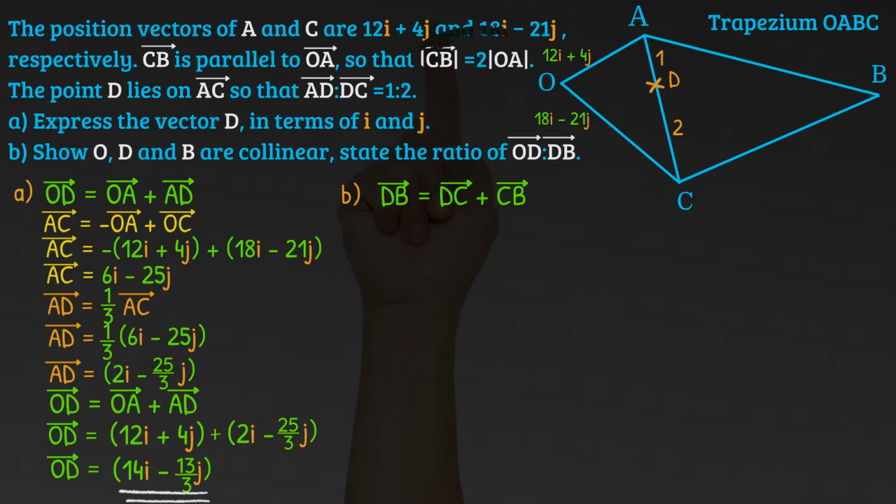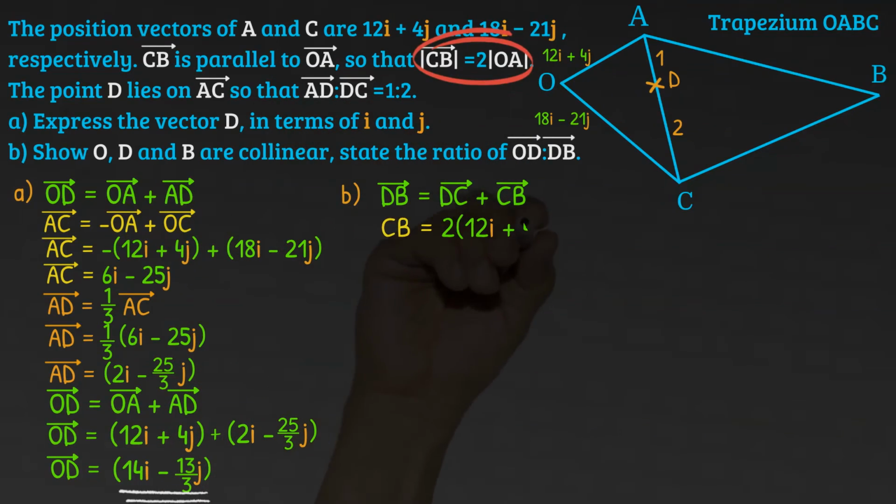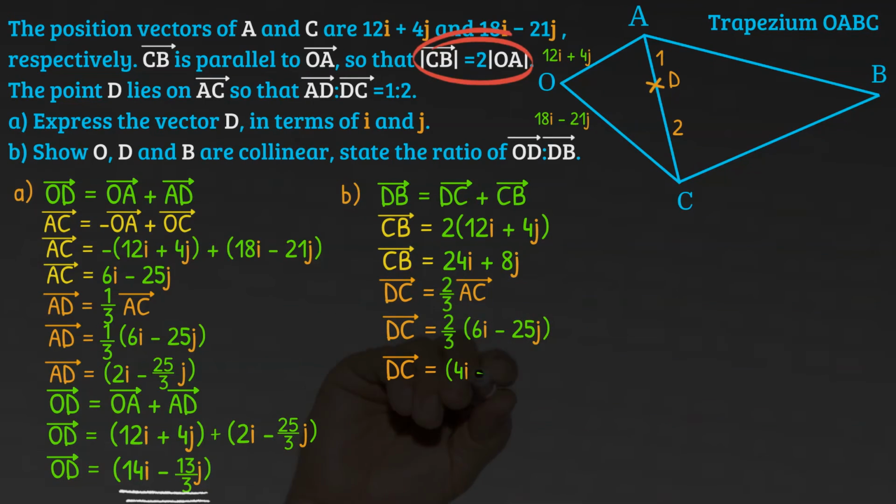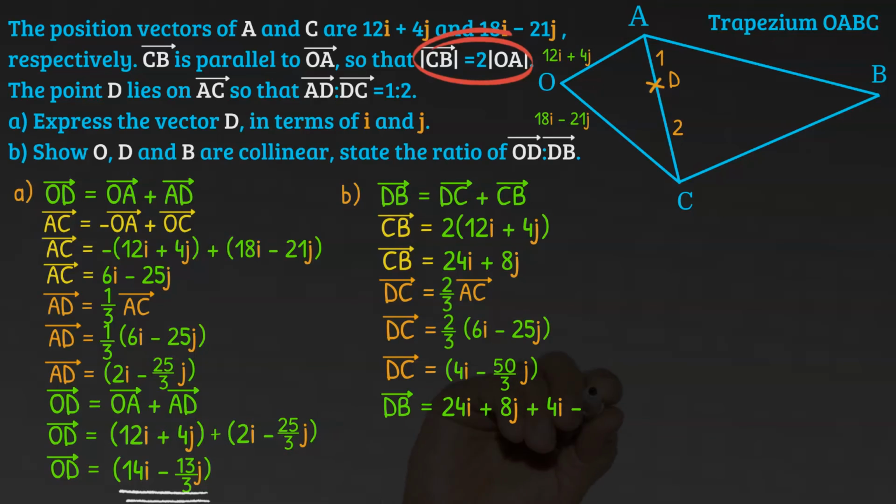Now CB is twice OA, so it's 24i plus 8j, and DC is 2/3 of AC, so it's 4i minus 50/3 j. And DB is the sum of both of those, so it's equal to 28i minus 26/3 j.